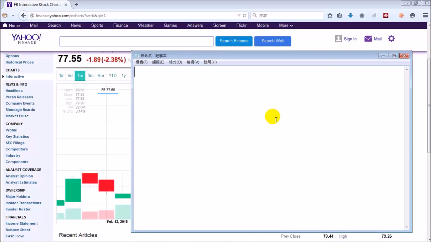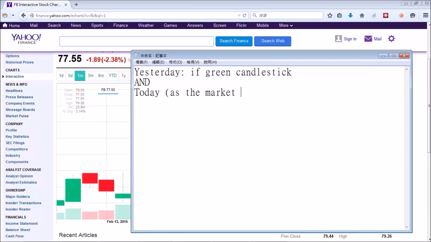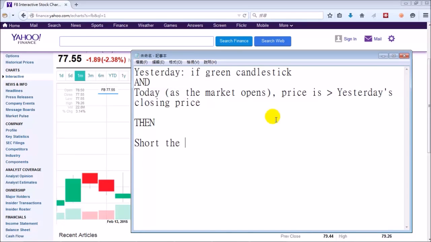Here's what happens. On the day prior to trading, so let's call that yesterday, if it's a green candlestick, and today, as the market opens, the price is higher than yesterday's closing price, then what you want to do is short the stock.